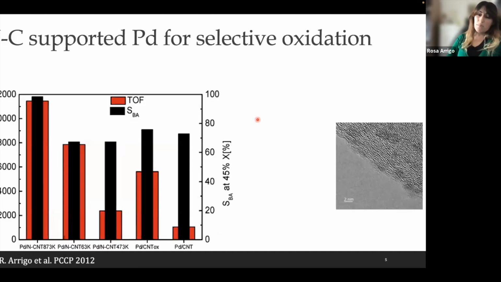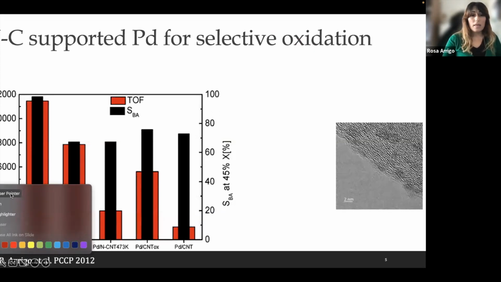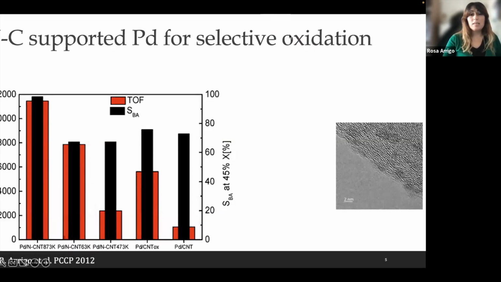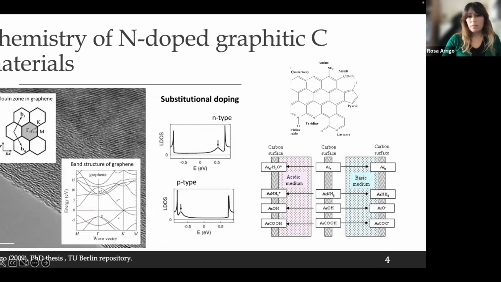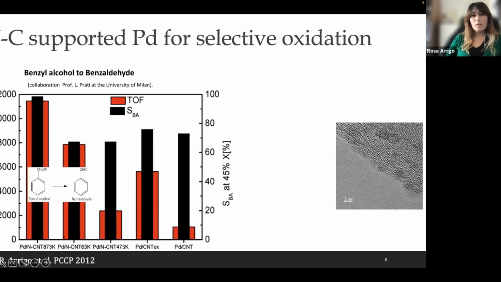The very first example I want to start with is the use of nitrogen-functionalized support for immobilizing colloidal palladium nanoparticles and their application in selective oxidation. This is the selective oxidation of benzyl alcohol to benzaldehyde.